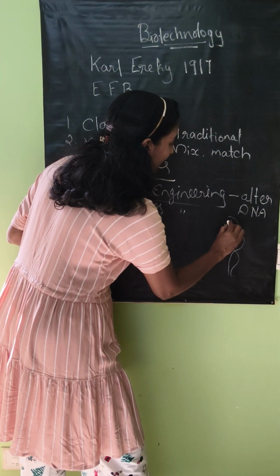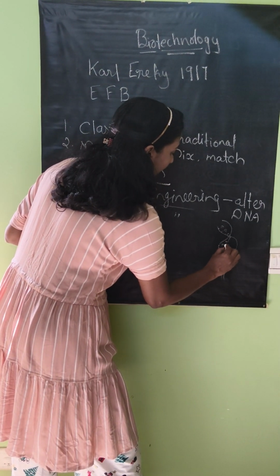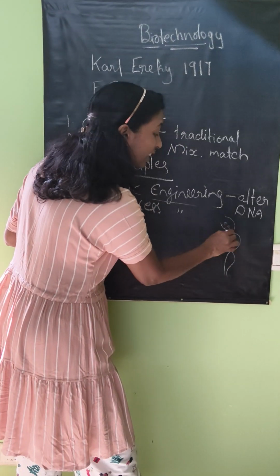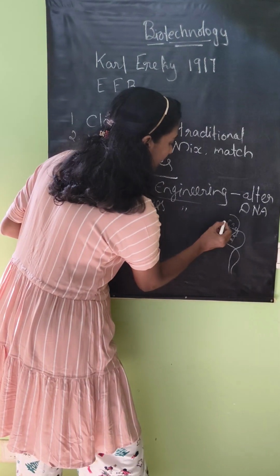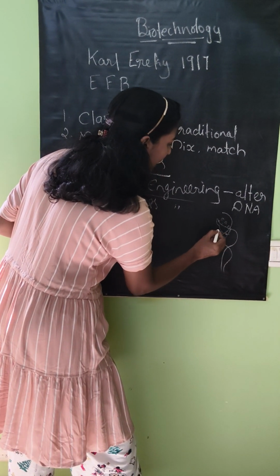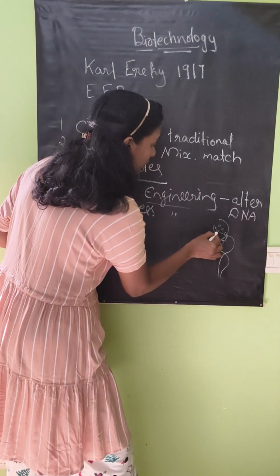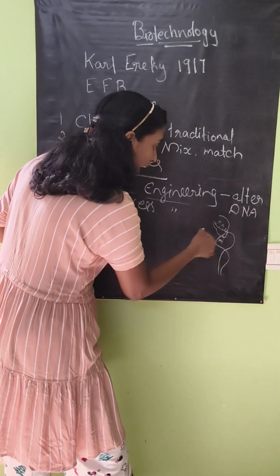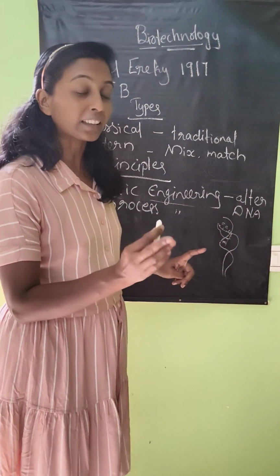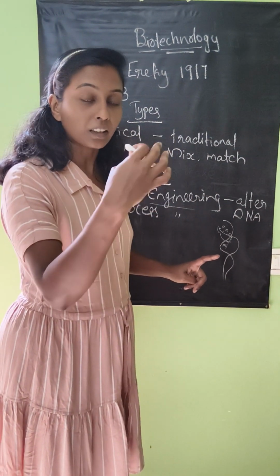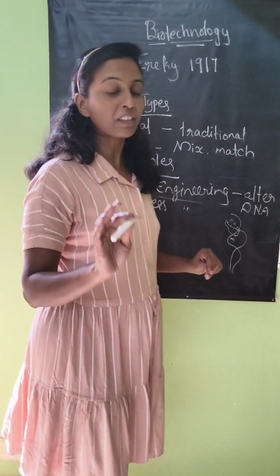Here you can see some nitrogenous bases, ATG, CC, ATG, A. This particular sequence is responsible for a particular trait. So this region is responsible for one of the traits. If we isolate this part and insert it into another organism, that organism can produce that phenotypic expression.